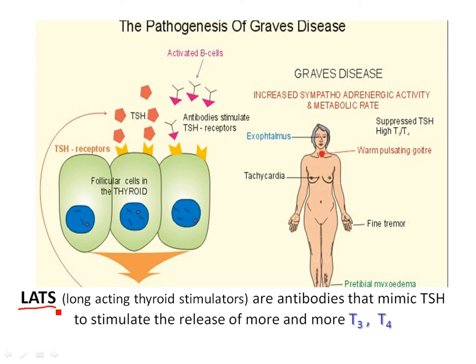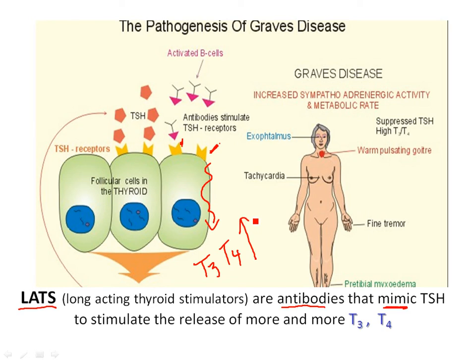LATs, long-acting thyroid stimulators. They are antibodies, but they act like TSH. So when they come in through the blood, they're going to bind to the TSH receptor and trigger that chain of events that's going to cause the release of T3 and T4, increasing my levels of T3 and T4 in the body.